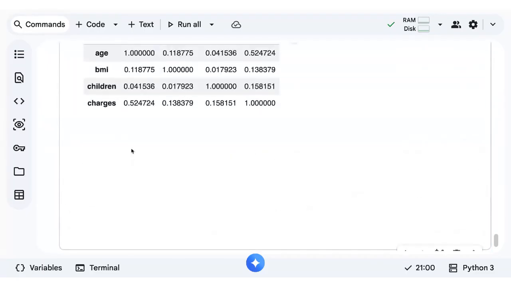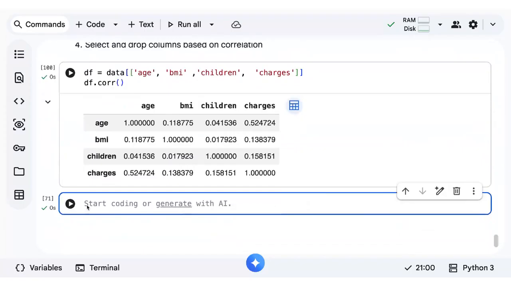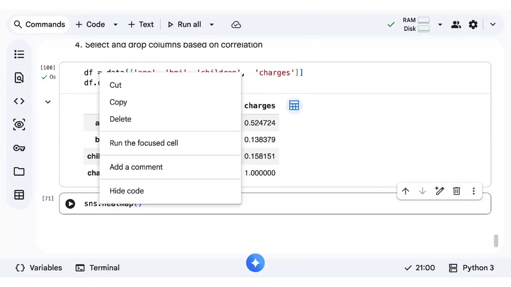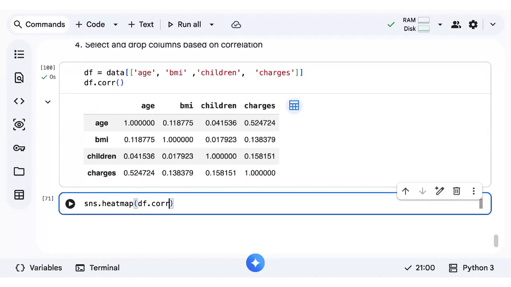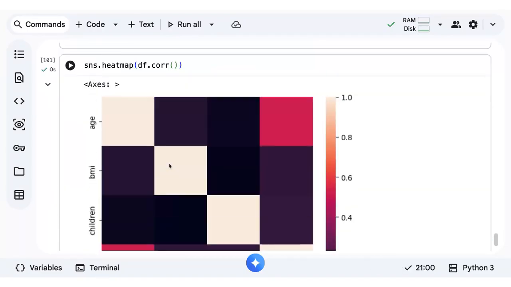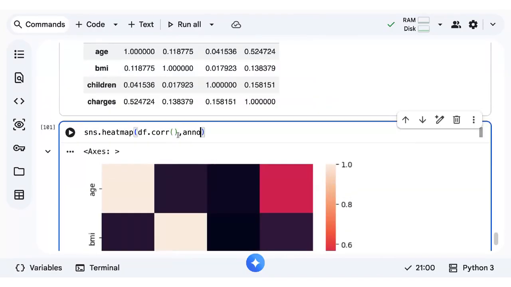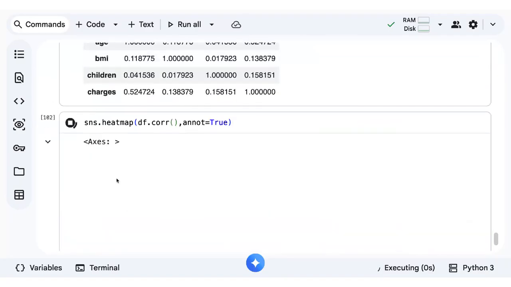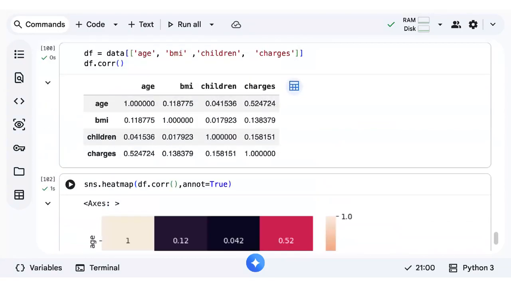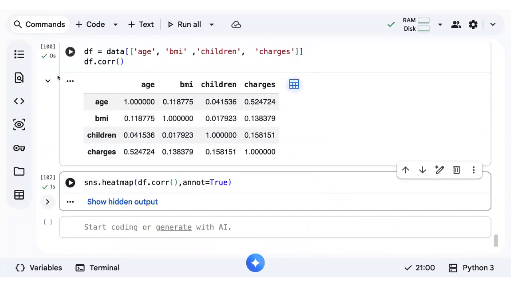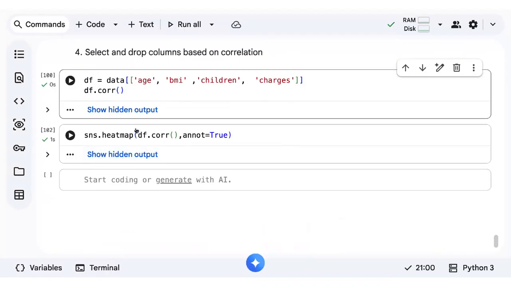You can't understand anything from raw numbers, so plot a heat map. sns.heatmap, df.corr(), and also give a comma, annot equals true. Do this, I'll show how to select features based on correlation.